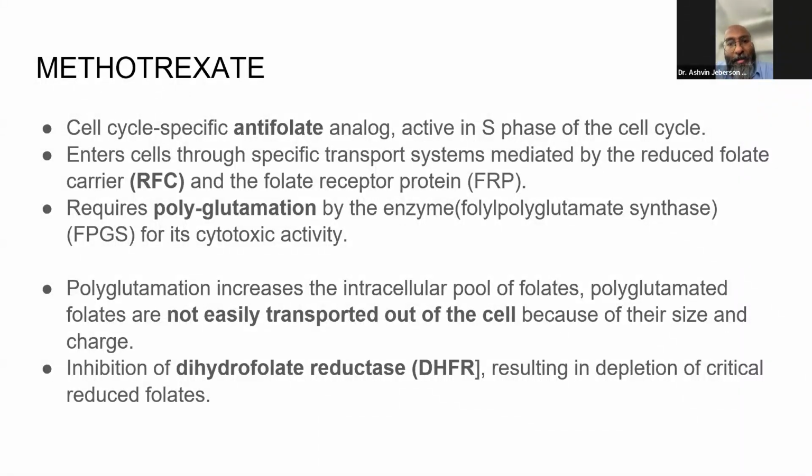Basically, the osteosarcoma cells are very resistant to chemotherapy, so you're trying to push a heavy dose of methotrexate through this reduced folate carrier, whereas the leukemic cells are very sensitive to chemotherapy and have rapid DNA turnover. So even a low dose of methotrexate will be enough. Next slide, please.